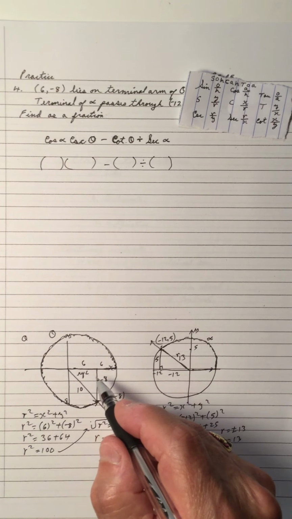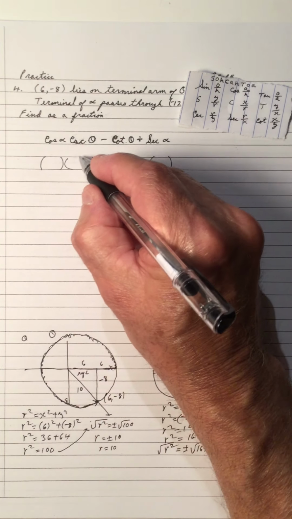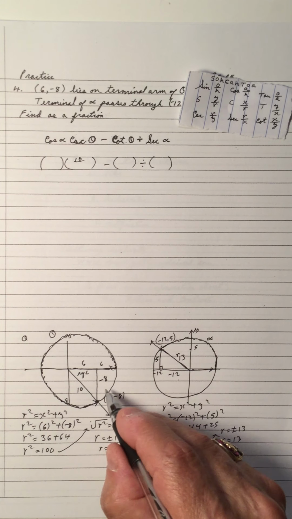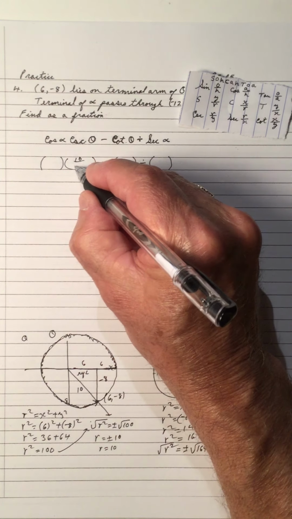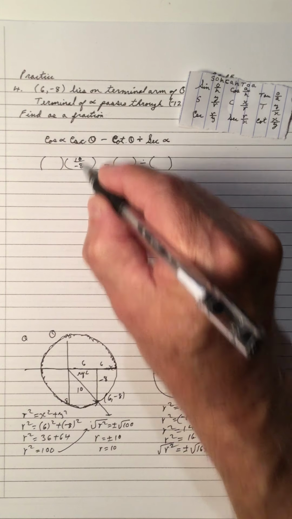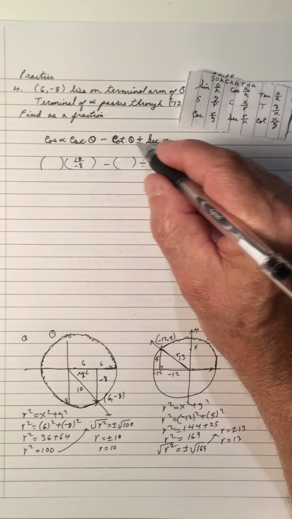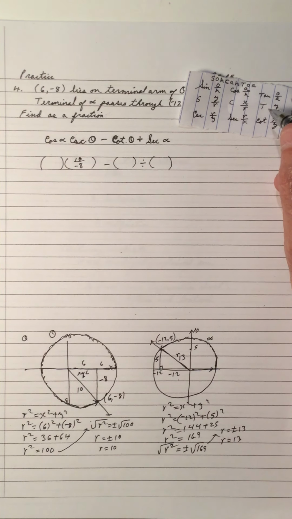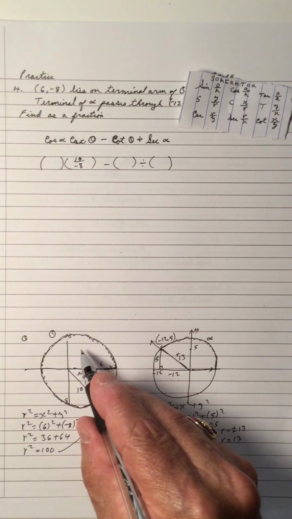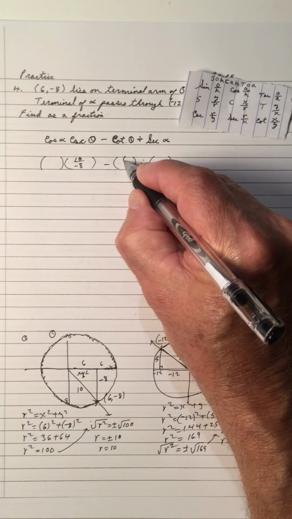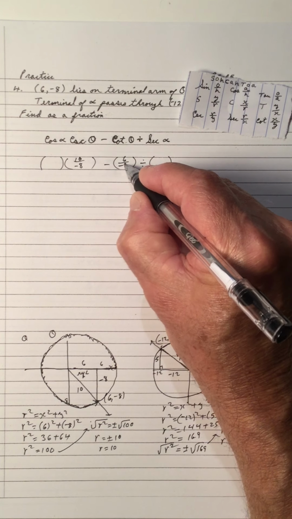But I have to look at the r, which is 10, over the y, which is negative 8. And again, it's in terms of the reference angle. And I got theta here, cot. Tan is the y over the x, cot is the x over the y. So here's theta again. X is 6 over the y, which is negative 8.